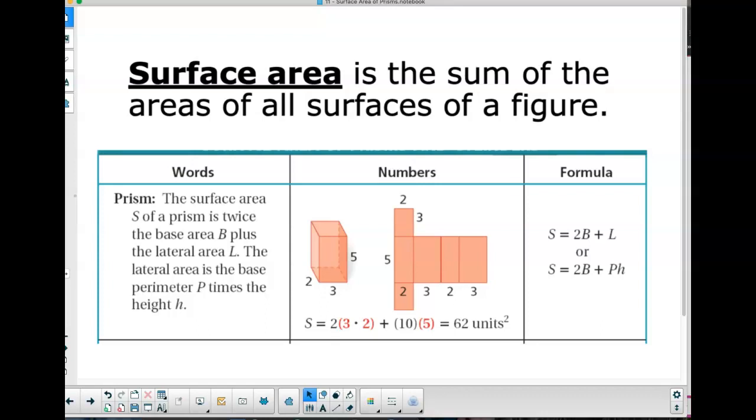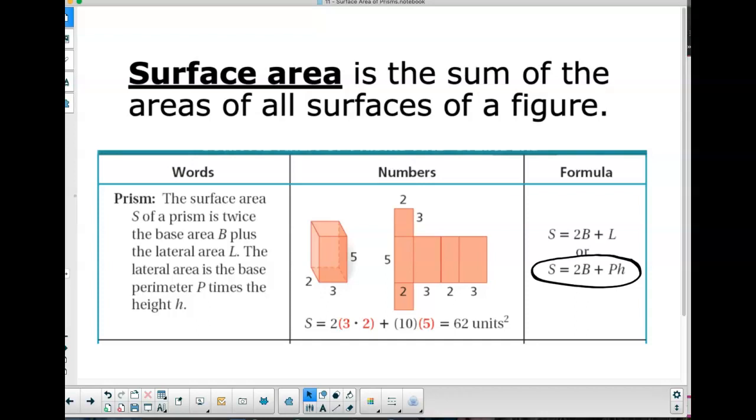Now, there's a formula. I never knew there was a formula for surface area until the MCA started. I'm going to give you this weird formula. And this formula right here is on the MCA test. I think it's the oddest formula ever. Okay, it says surface area S equals 2B plus Ph.